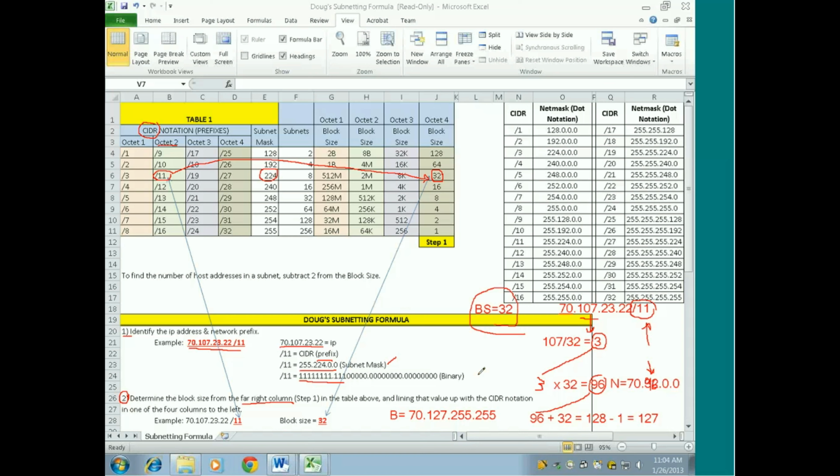Not sure you're getting where I'm going here. If you count 96, 97, 98, 99, 100, keep counting, block size 32. Don't I stop at 127? You're still not following?